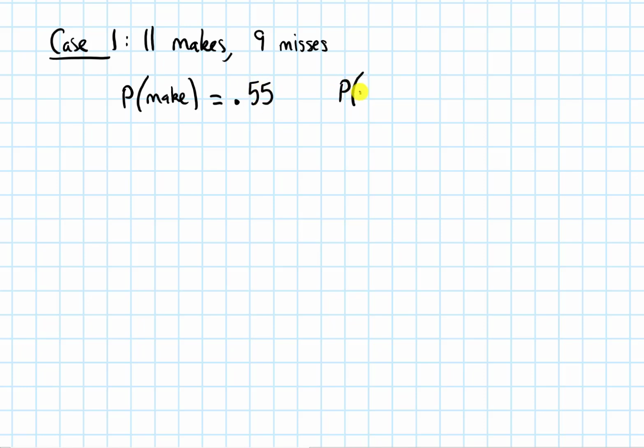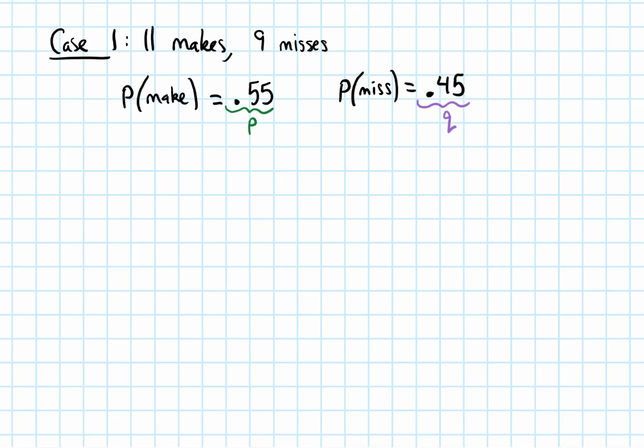So the probability of him missing would be 45%, which is 0.45. This is a Bernoulli situation because we have these two outcomes for each free throw, or each trial. This is P, because we're counting a success as a make here, and the probability of a miss I'm going to let be Q.